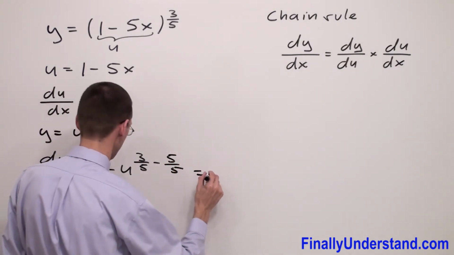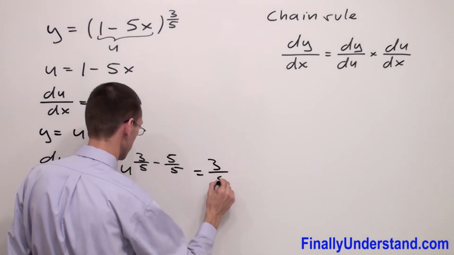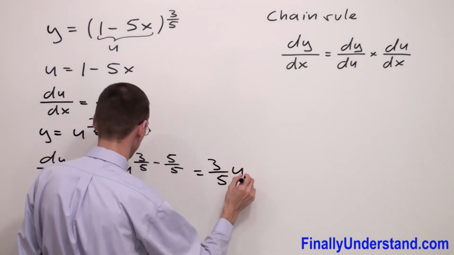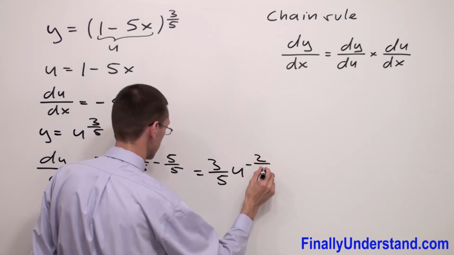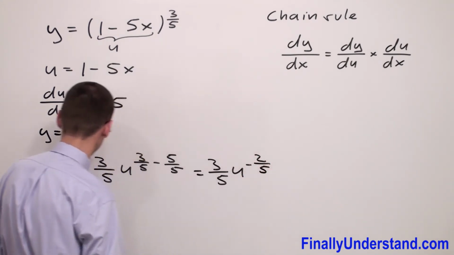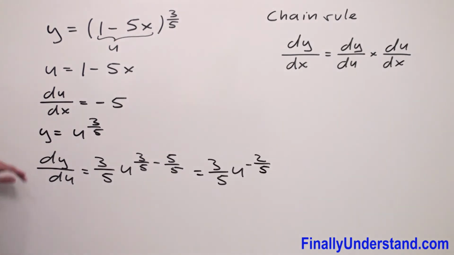This is equal 3 over 5 u minus 2 over 5. Okay? So I found du over dx and I found dy over du.